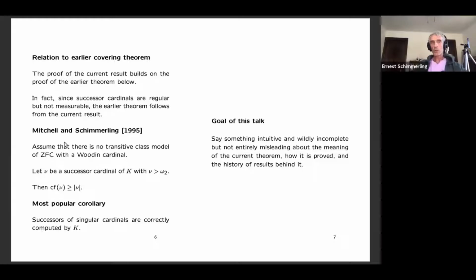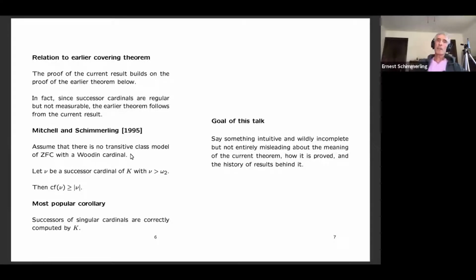Let me read that to you. Again, assume there's no transitive class model of ZFC with a Woodin cardinal. Then K exists. Let nu be a successor cardinal of K greater than omega 2, then the cofinality of nu is greater than or equal to the cardinality of nu, right? You can derive this from the previous theorem just by noting that successor cardinals are provably not measurable. And so if you just use propositional logic, you realize this follows from the more recent result.